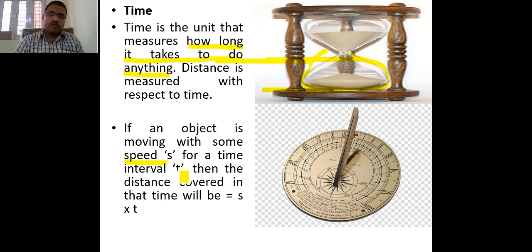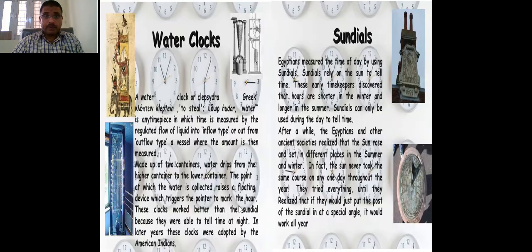Speed is calculated as distance upon time. We can say how much distance has been covered in how much time, and then we can talk about the speed.